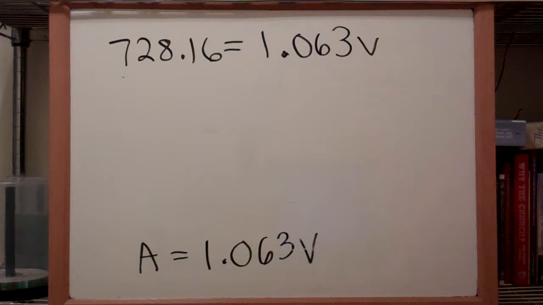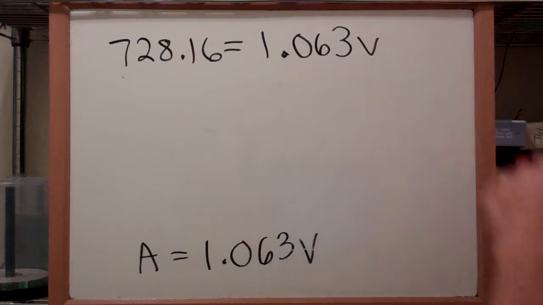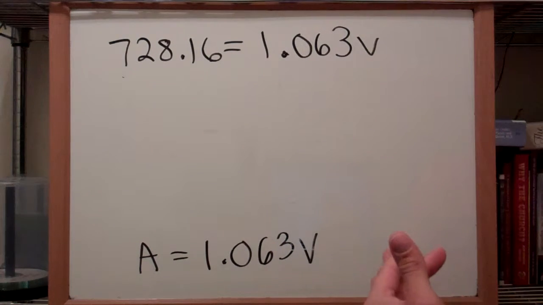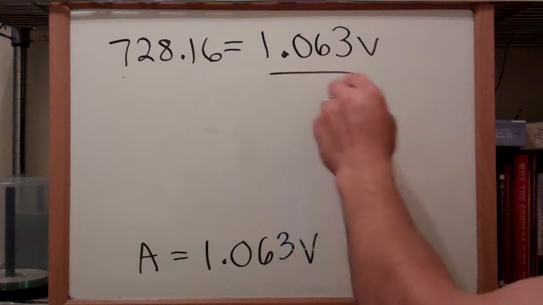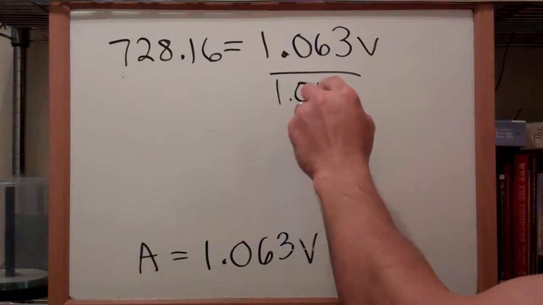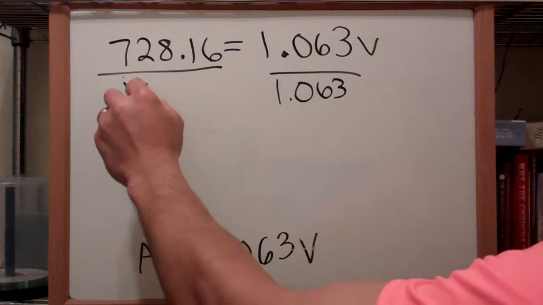So you have 728.16 equals 1.063 V. To solve this equation for V, the original price of the TV, we simply divide by 1.063 on both sides.